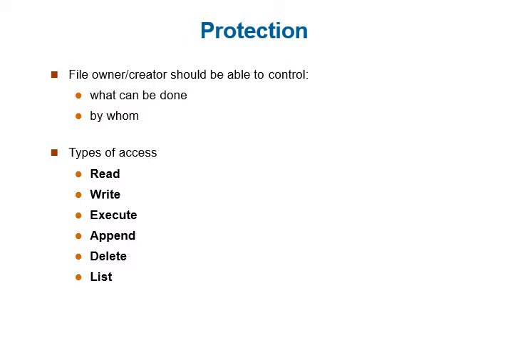Append means that when you want to add more information, modification permission can be included through the append access. In the delete permission, when a user wants to delete a file, you can permit them delete control. And the list provides just a view option. So these six different access permissions are possible in Windows.